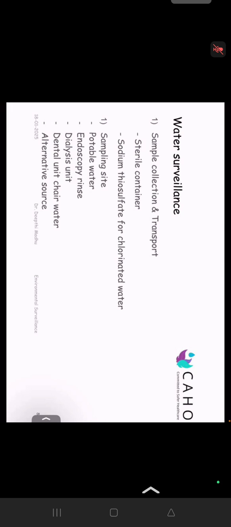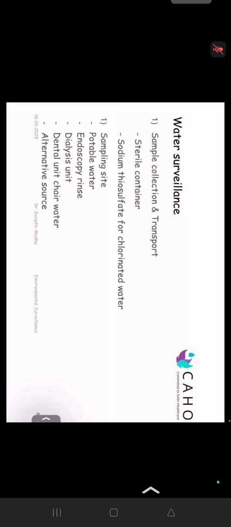So your water source and your alternate water source should be tested as per NABH standards. This should be done at least once in 6 months from a NABL accredited laboratory or a laboratory that uses demonstrable quality assurance methodologies, and uses demonstrable standards for reporting also. Then there should be sampling of the potable water.